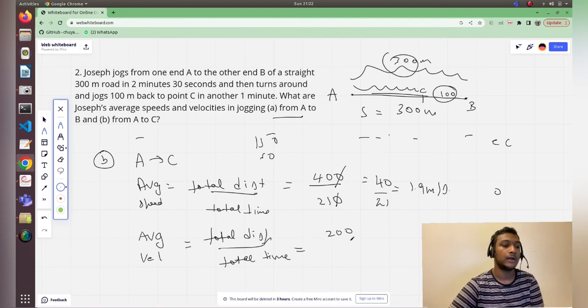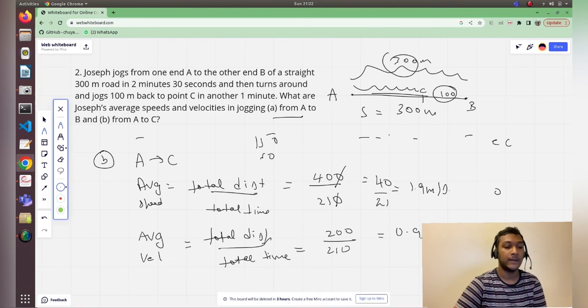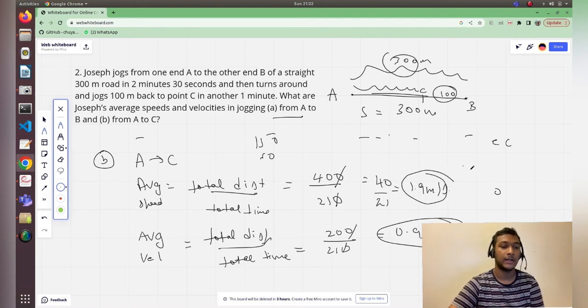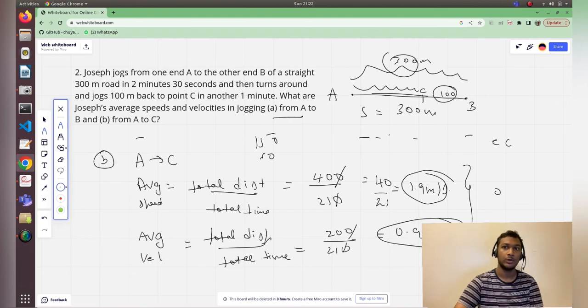So 200 divided by 210, which is equal to 0.95 meters per second. Okay, so basically this is the final answer. These four values which we calculated are the final answer for this particular question. Okay, now let's move on to the next question.